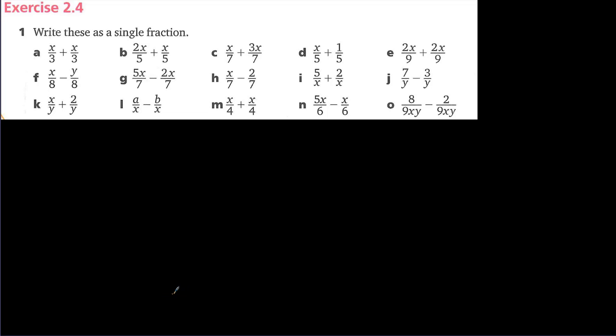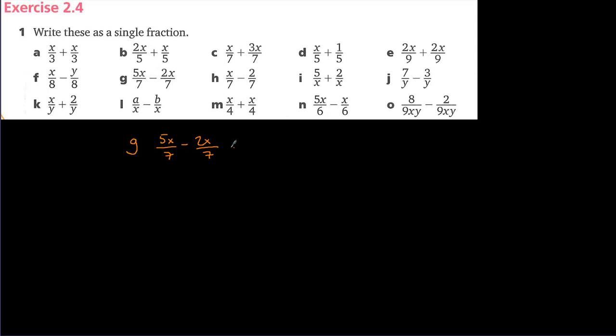Here we have some exercises. I'm going to solve some exercises and continue with them. From each page I'm trying to solve one exercise. So here I'm going to solve g: 5x over 7 minus 2x divided by 7.